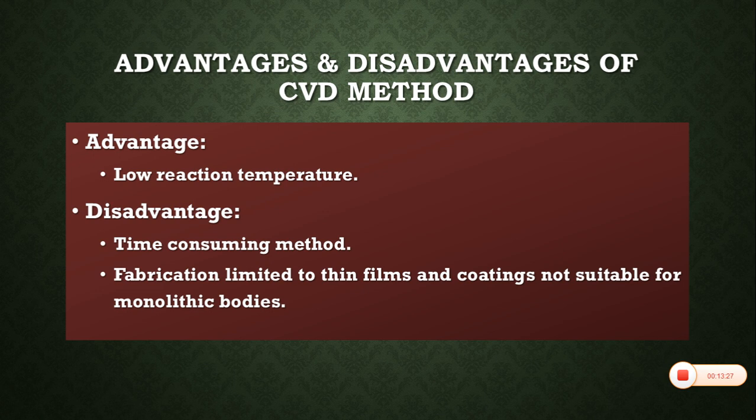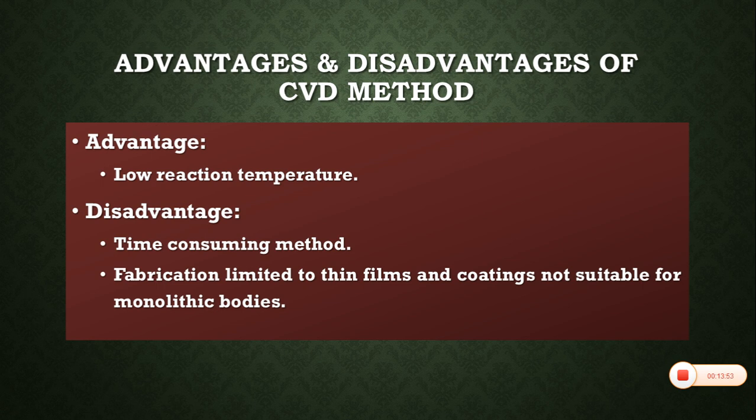So, it can be used to form highly refractory coatings, those having very high melting points, which are very difficult to fabricate by other processes, at a fairly low fabrication temperature.